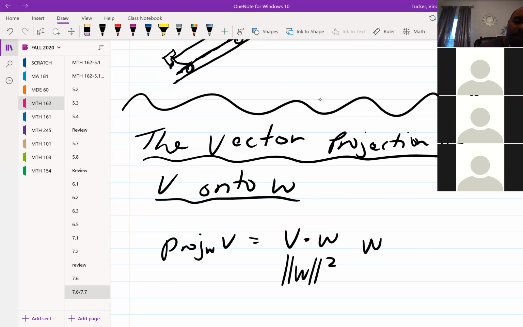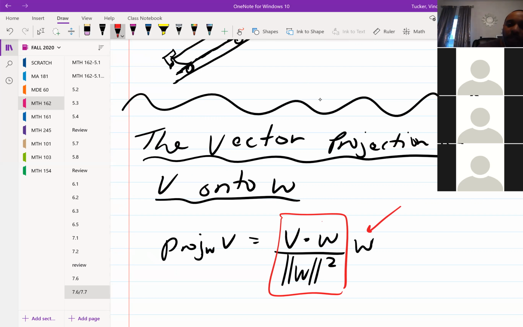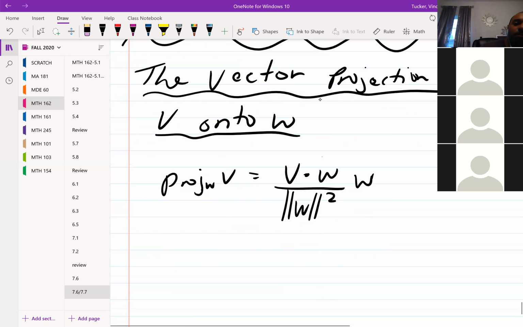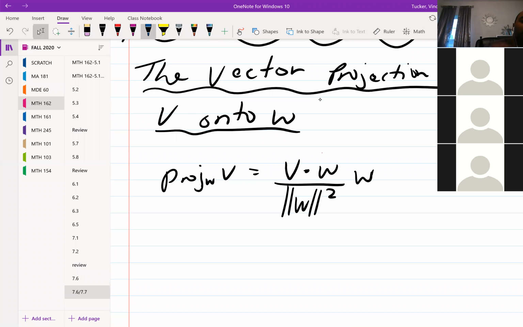So we're talking about the projection of V onto W. Notice that all this right here is a scalar, just a solid number: the dot product of V and W. Then down bottom, you have the magnitude of W squared. So once again, this piece is just a number, a scalar. And then here is your vector, vector W. So let's try it out.